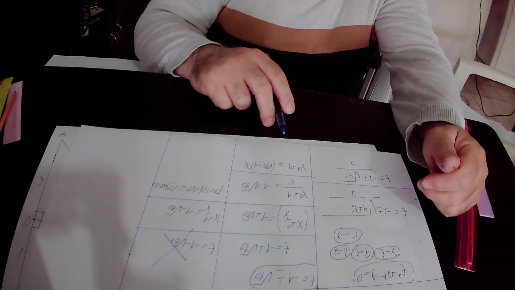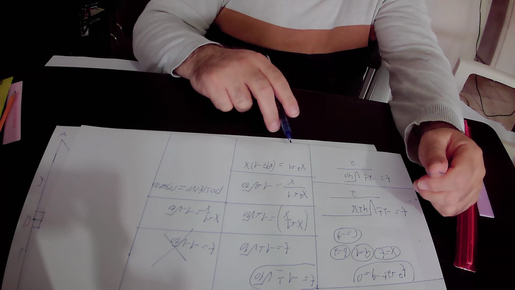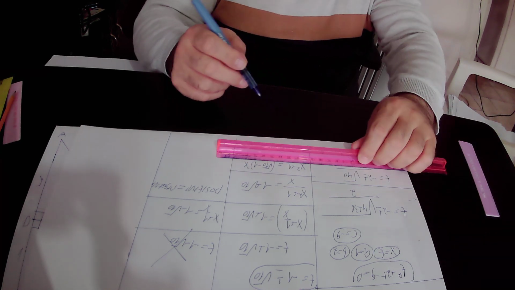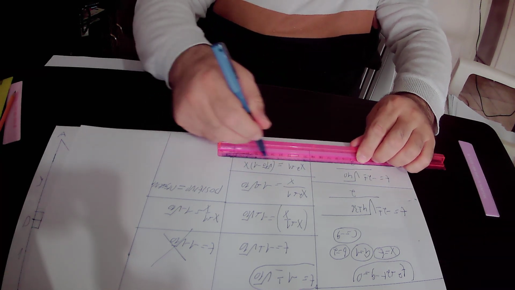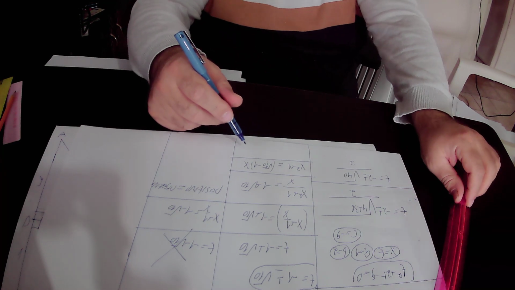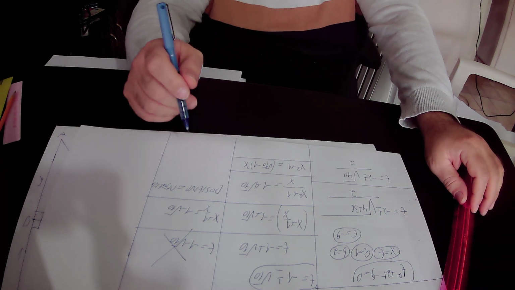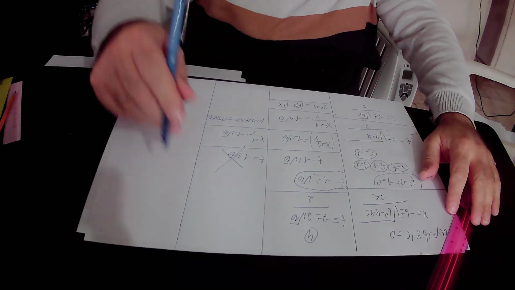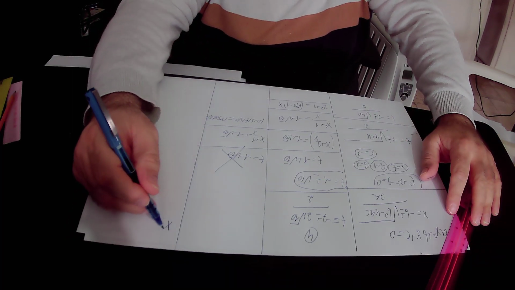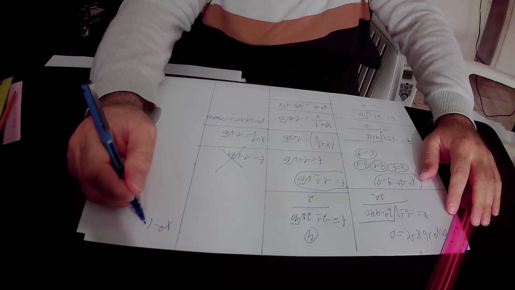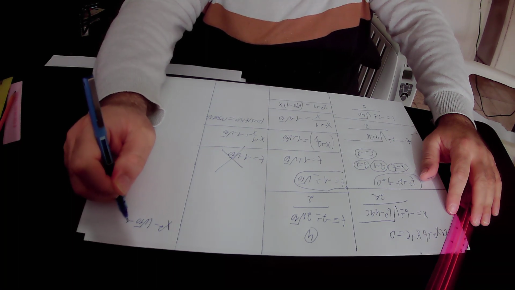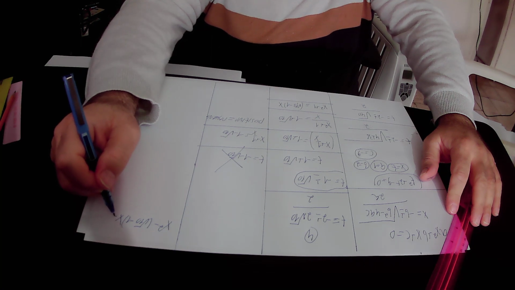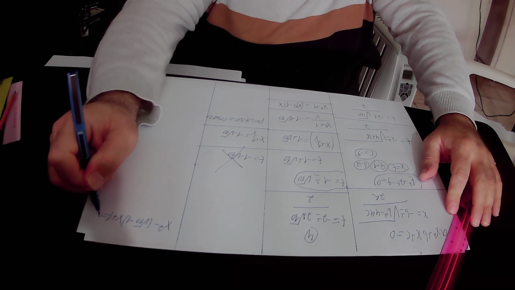So we got here a quadratic equation, x squared plus 1 equals square root of 10 minus 1 times x. Here we'll subtract from the equation square root of 10 minus 1 times x, and we'll get the quadratic equation x squared minus square root of 10 minus 1 times x plus 1 equals 0.